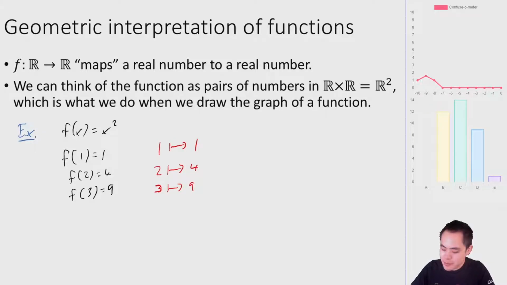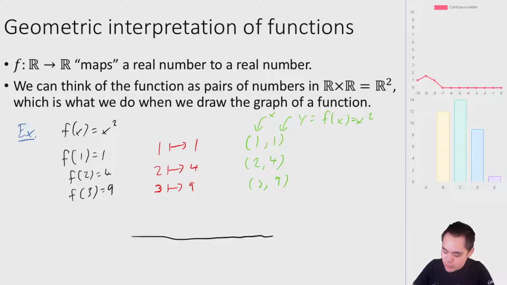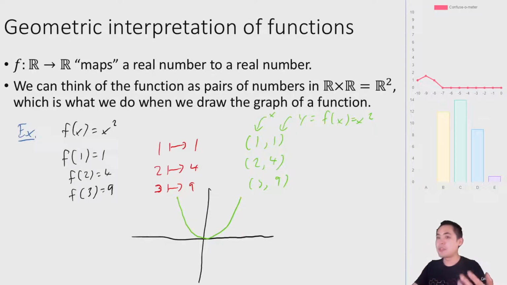And if you have these maps, you can think of this as an ordered pair: 1, 1, 2, 4, 3, 9, etc. And you can graph this out, so there's the x-coordinate, and there's the y-coordinate, which is equal to f of x is equal to x squared. And when you graph this out, what you end up with is something that looks like a parabola. So this is what we mean when we say the graph of a function. That is not the best parabola, but it'll hopefully do.